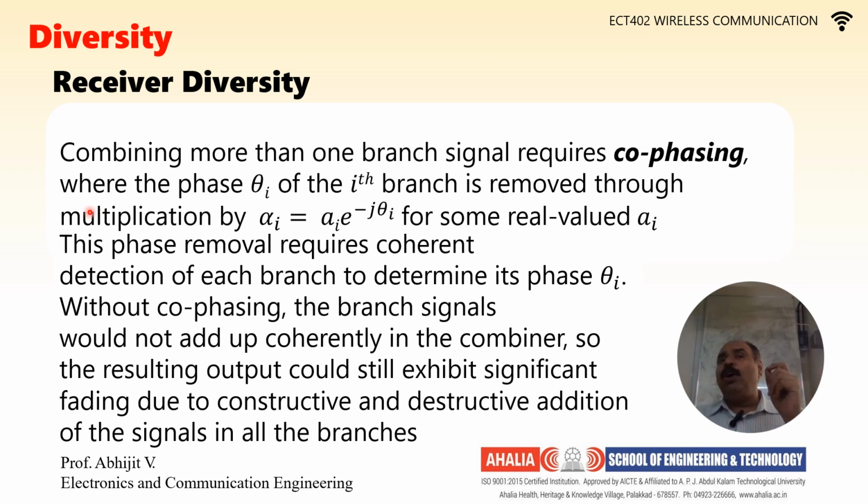So here, first we have diversity, the same signal being received by different antennas or different receivers. The next stage after this is that you analyze the combined output and find out which is the most suited output that can be used by the receiver to determine the originally transmitted signal.